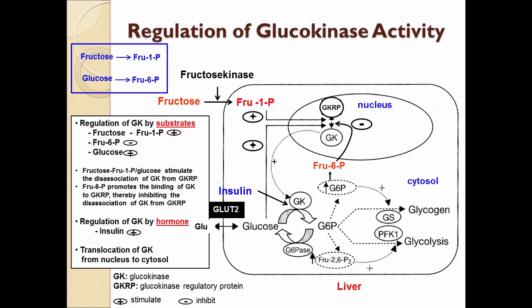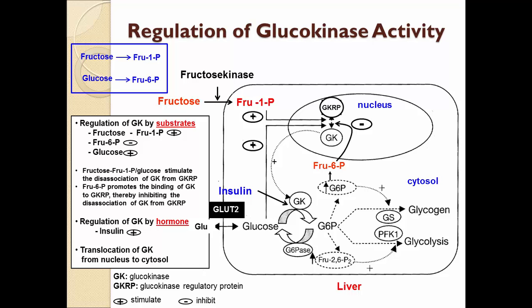So fructose 6-phosphate serves as a negative feedback regulator, because it's metabolized from glucose, right? When we have a lot of glucose entering the cells and producing a lot of fructose 6-phosphate, our body always has a negative feedback mechanism that would not allow the activity to go too high.